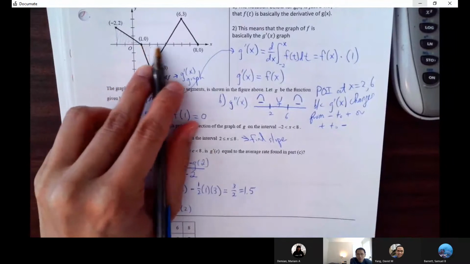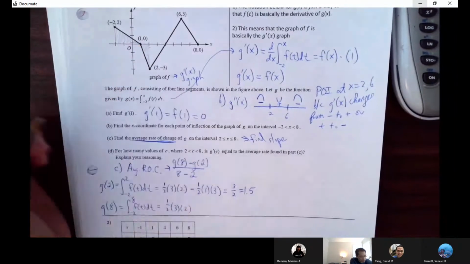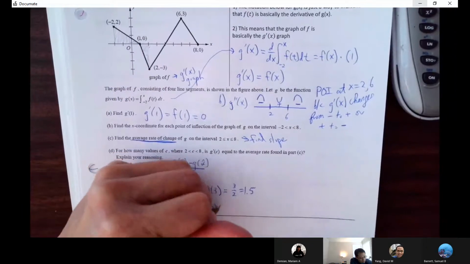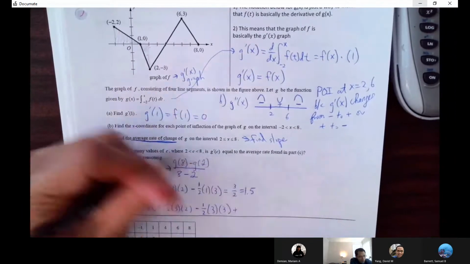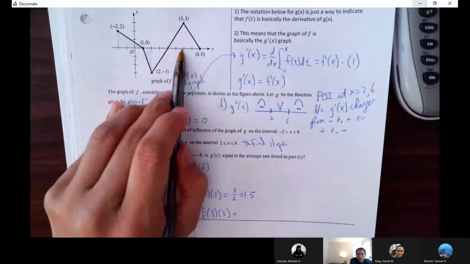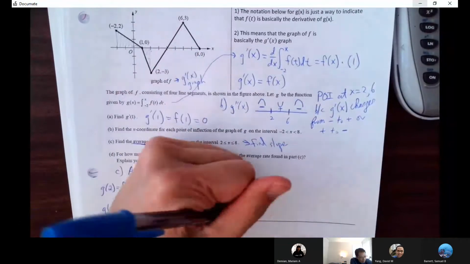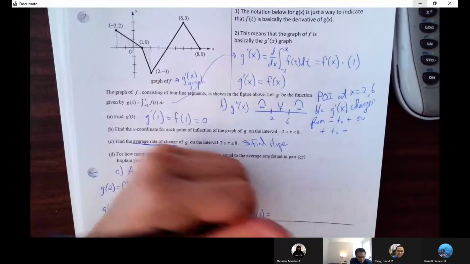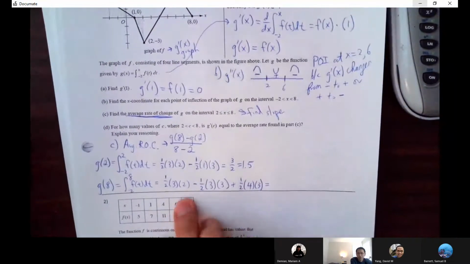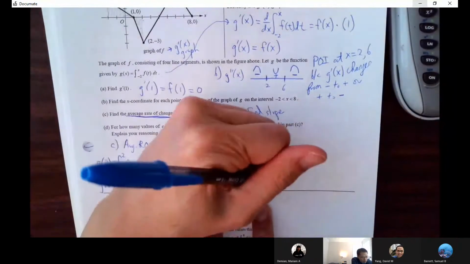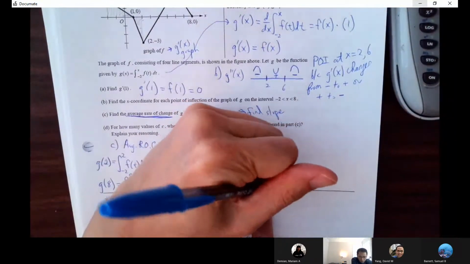So that's 3 times 3, but it's subtraction because it's below the x-axis. Back to above the x-axis, so base of 4, height of 3. So I have 6 over 2 minus 9 over 2 plus 12 over 2. That reduces to 9 over 2, which is 4.5.